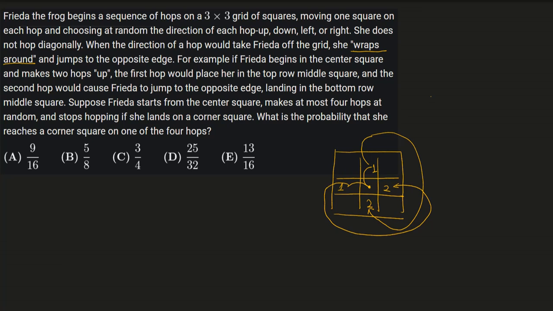The second difficult part is this. In the problem, it says that Frida stops hopping if she lands on a corner square. And then many students would think that once she reaches a corner square, let's say after 2 hops, they will stop counting.